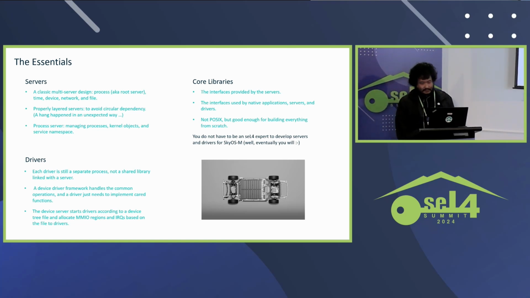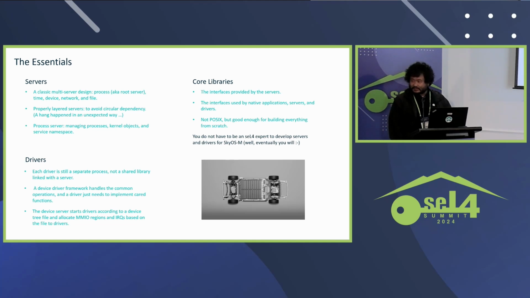The other part is the core libraries. They are the interfaces provided by the different servers. So basically, the process server and network server all have some interfaces that are in the core libraries. They are not POSIX, but they are good enough to build applications directly.